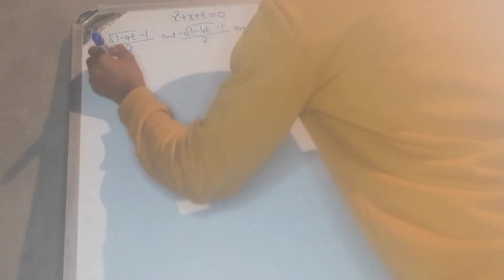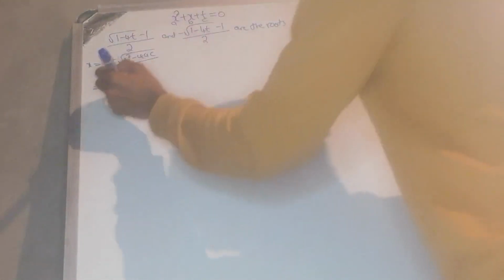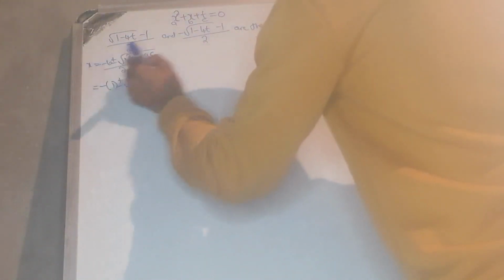Now, how do we show that they are the roots? The first thing we will do is introduce the formula: x equals minus b plus or minus the square root of b squared minus 4ac divided by 2a. Remember you have your a, your b, and your c. So you will have negative into your b, it's 1.